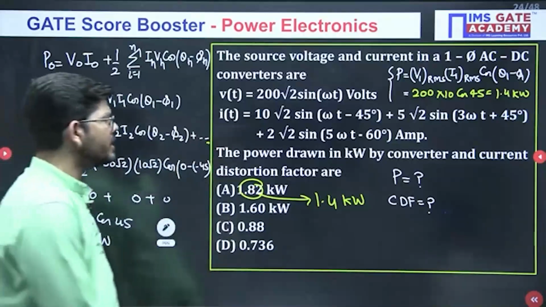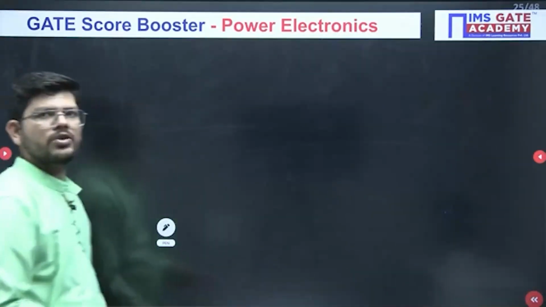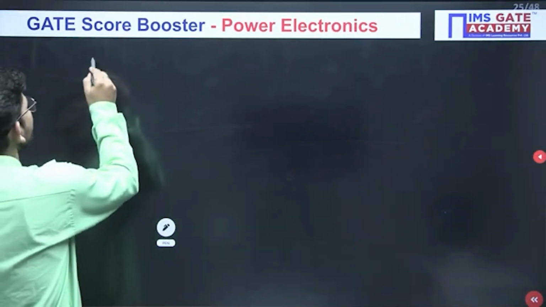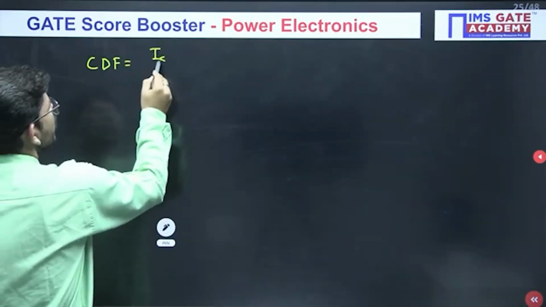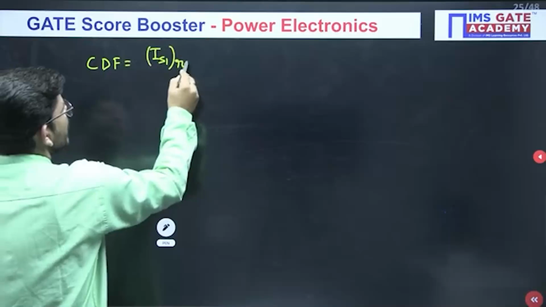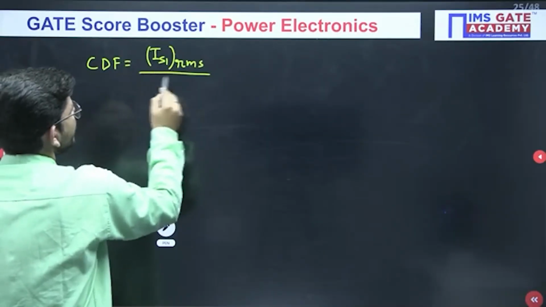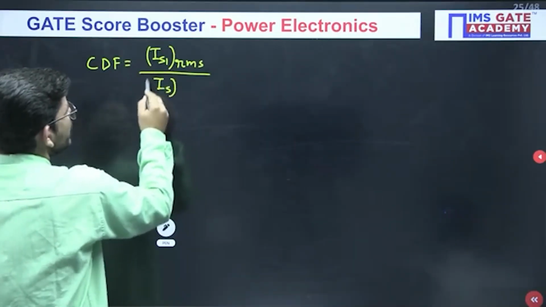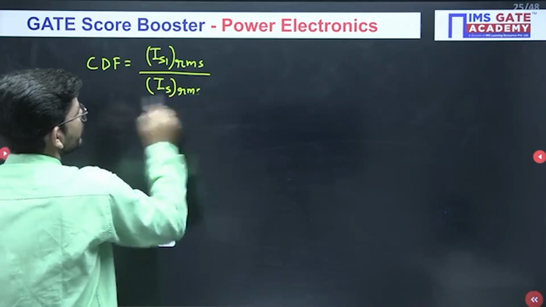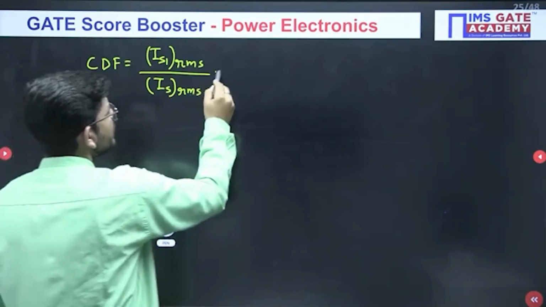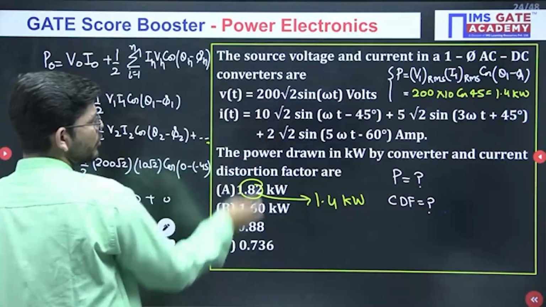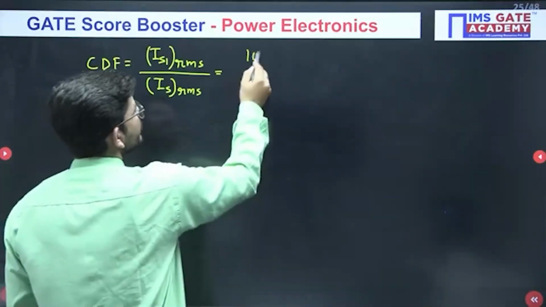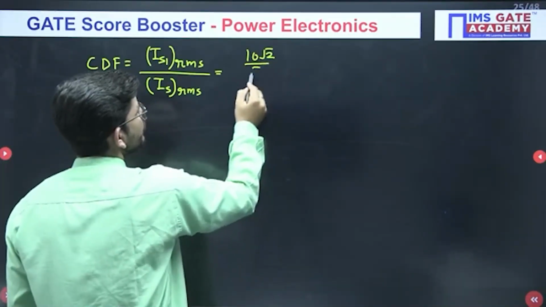Next thing that we have to calculate is the current distortion factor. So what is current distortion factor? Current distortion factor is the ratio of the fundamental RMS component to the total RMS component. The fundamental component is 10 root 2, so its RMS value will be 10 root 2 divided by root 2.